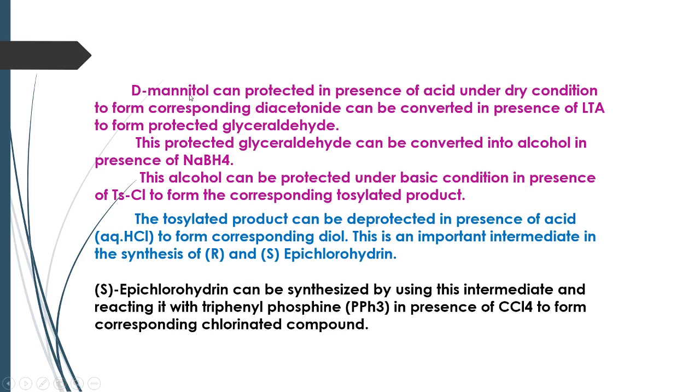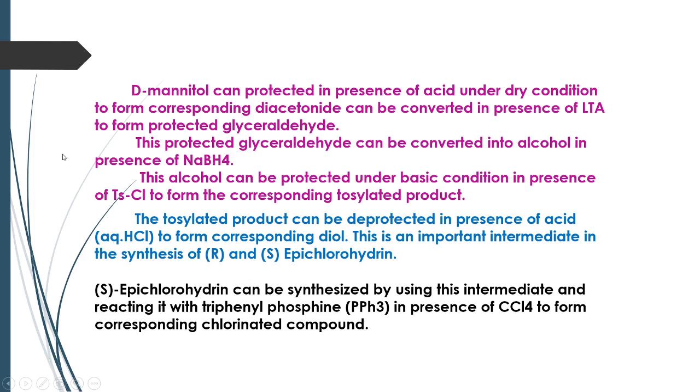First of all, the D-mannitol is converted into diacetonide, and this diacetonide is cleaved when we use the LTA, and we got the protected glyceraldehyde, and this protected glyceraldehyde can be converted into alcohol in presence of NaBH4. Then after, this alcohol can be protected under the basic condition in presence of TsCl.